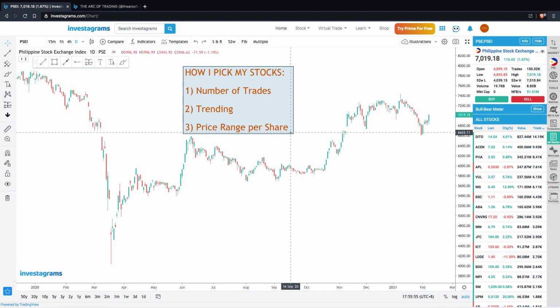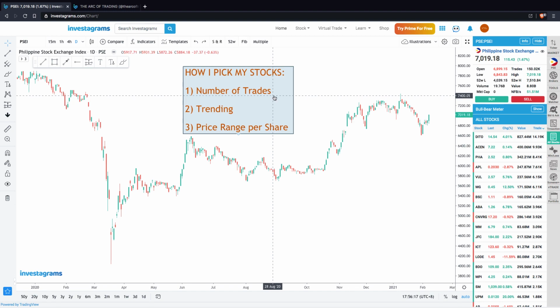And also, I look at the price of the specific stock or the company that I'm looking at. I have in mind a set price range, a minimum and a maximum price that I'm going for. I'll talk more about that later on. But for now, let's get on the first category.